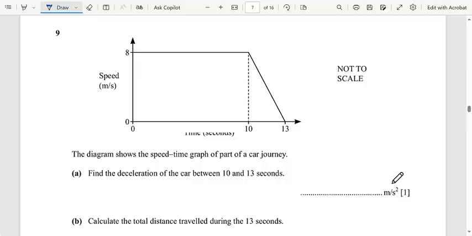Question number 9. The diagram shows a speed time graph of part of the journey of a car. Find the deceleration of the car between 10 and 13 seconds.